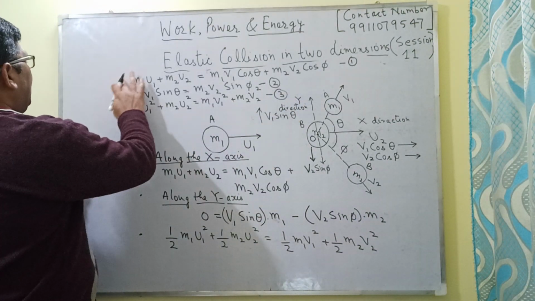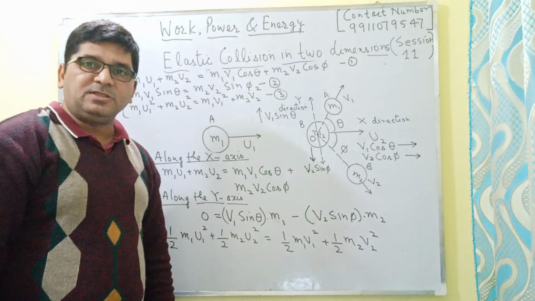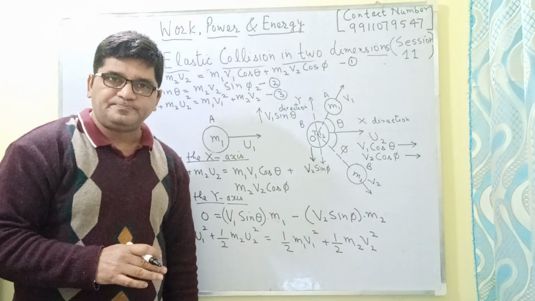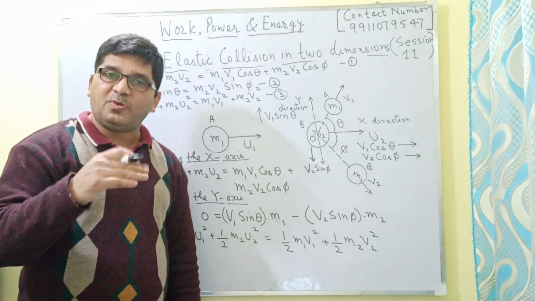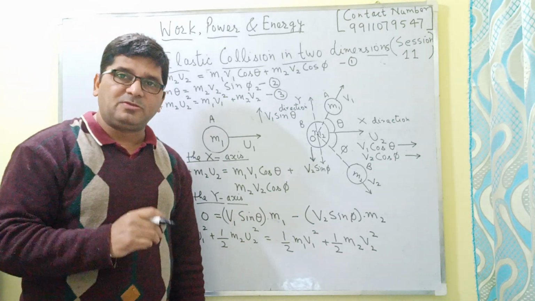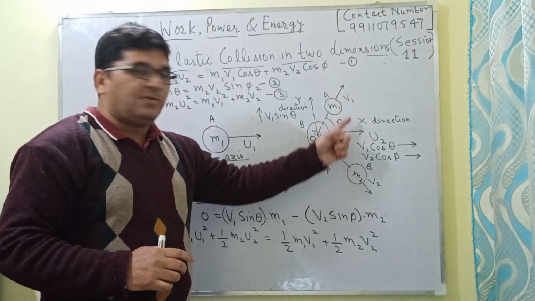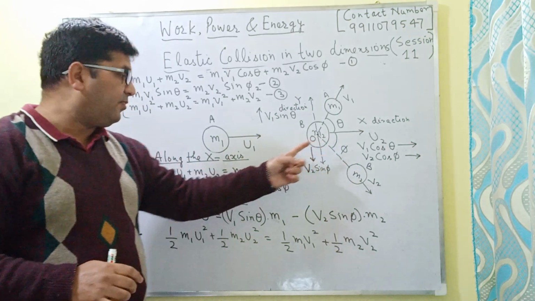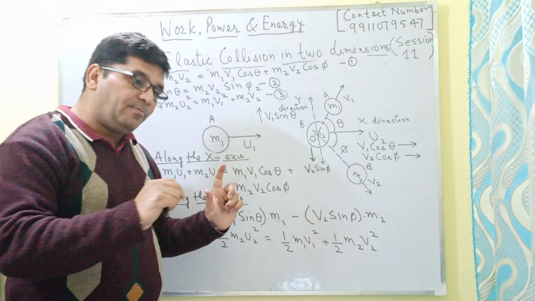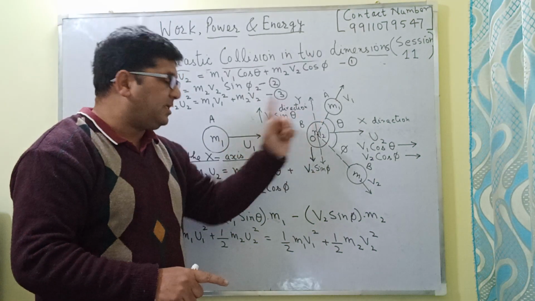So these are the three important equations which we have been able to derive by using two concepts, that is the total linear momentum before the collision is equal to the total linear momentum after the collision. Since these two bodies are moving in different directions, we have equalized the total linear momentum along the x-axis and the y-axis.